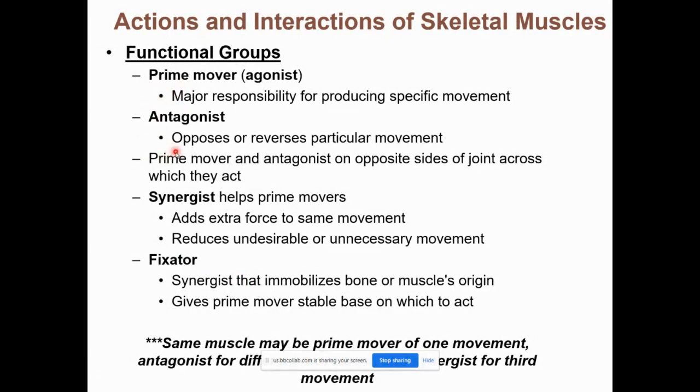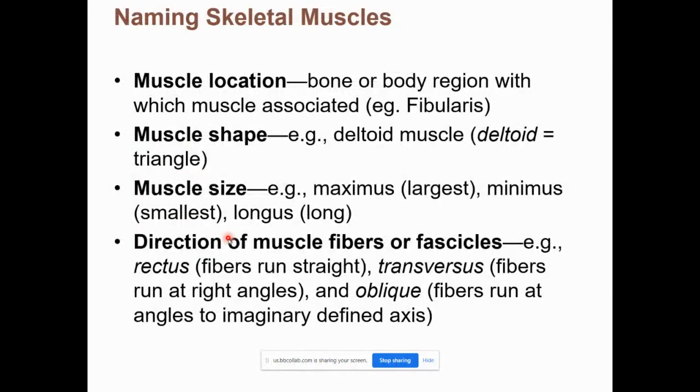If you're asked for an antagonist of a muscle, well, then we should know the action of that muscle, so the antagonist will perform the opposite action. So if a muscle flexes the elbow, well, the antagonist will extend the elbow. Right? If a muscle abducts the shoulder, the antagonist will adduct the shoulder. So, all right. I think we're good there.